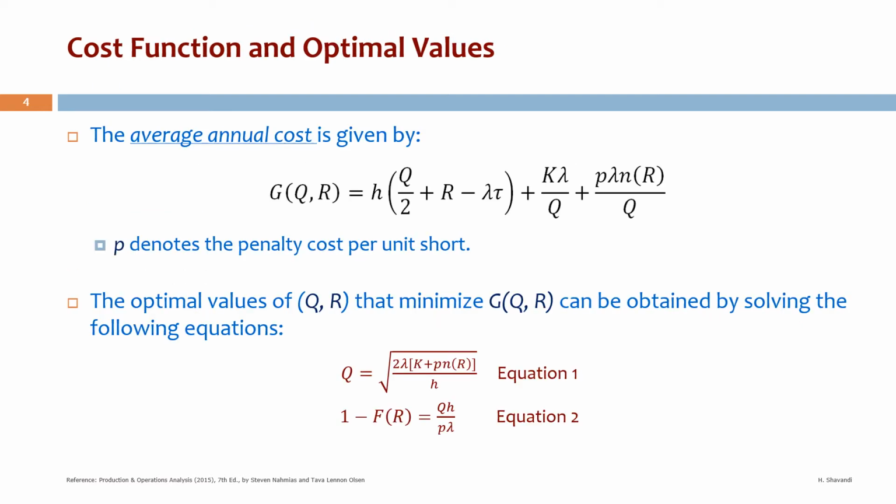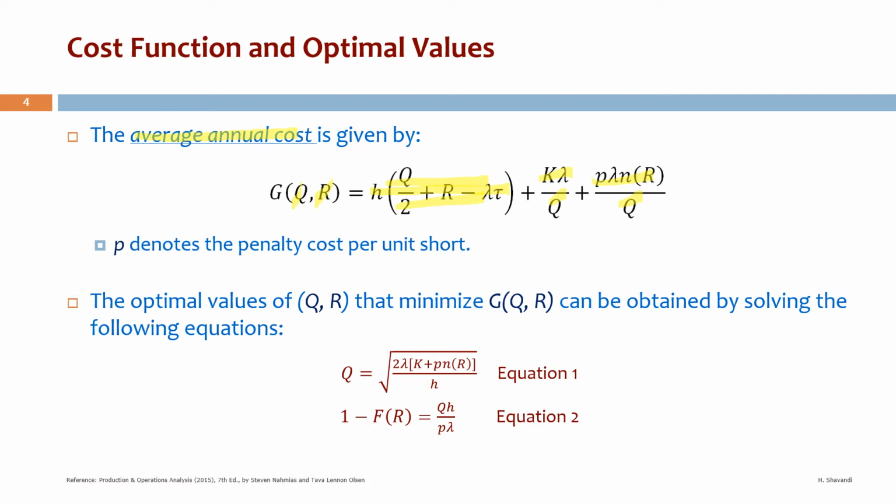So now we can write the objective function, the average or expected annual cost. Here we have three terms. The first term is the expected or average holding cost per year. The second term is the expected ordering or setup cost, and the third term is the expected penalty cost. Now we have this objective function, and we have two decision variables, which are Q and R, right?